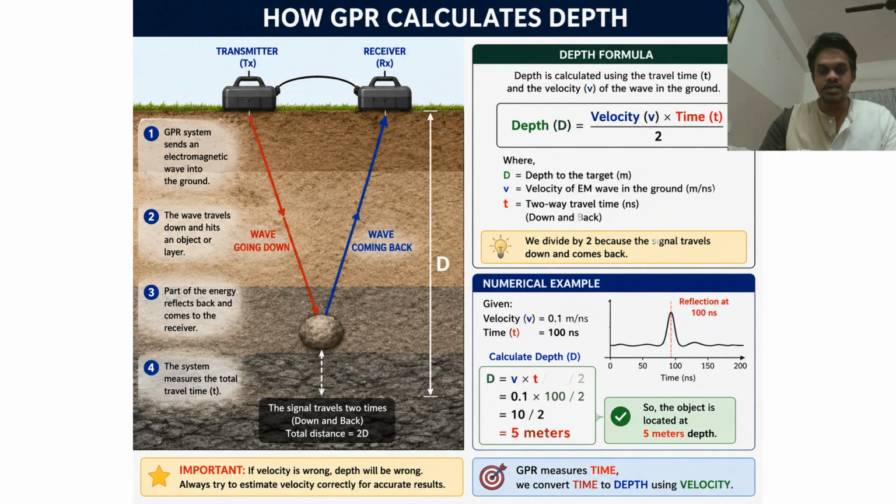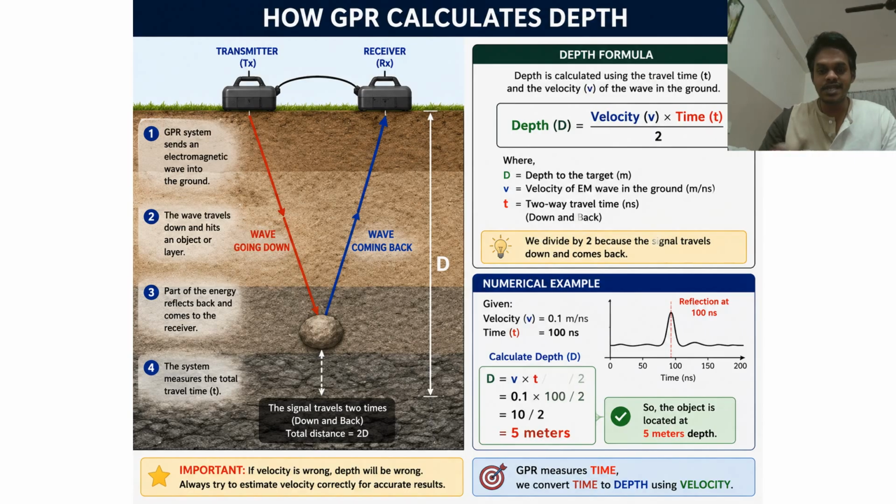Now, in this example, if you take the velocity of the wave in the ground as 0.1 meter per nanosecond, and the GPR shows a reflection at 100 nanoseconds.